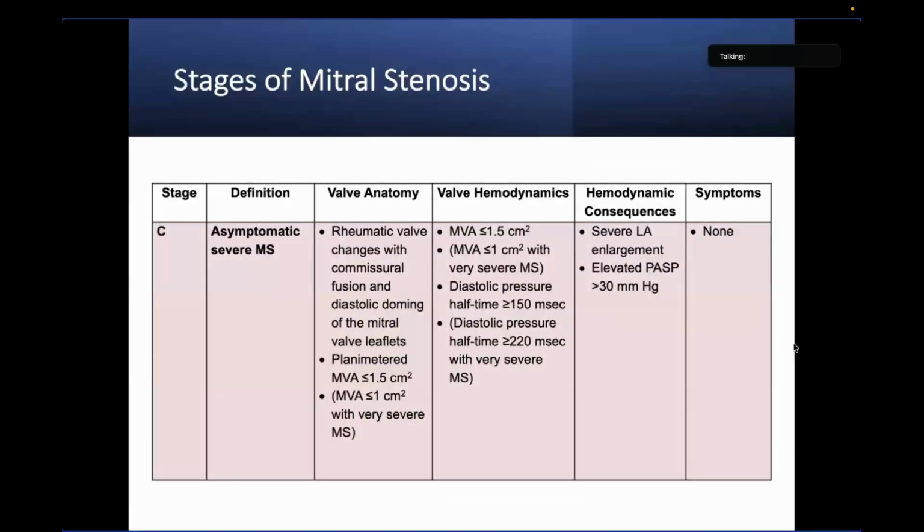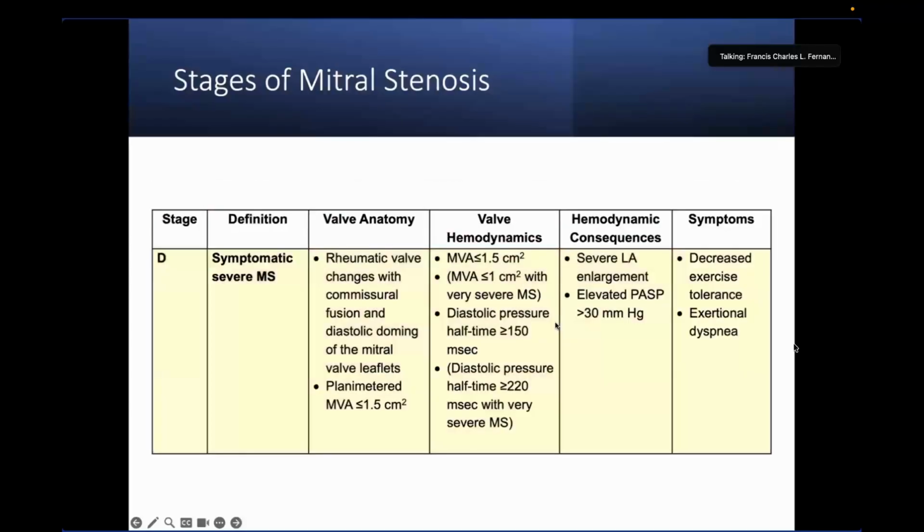So the definitions for valve hemodynamics, this is American, no? So valve area of severe MS less than 1.5, because they found out the outcomes of the valve hemodynamics are better if you intervene earlier.